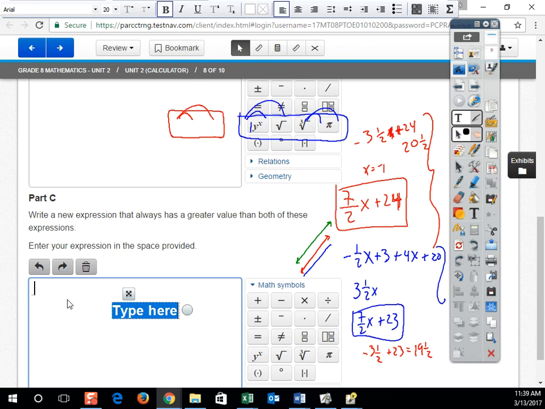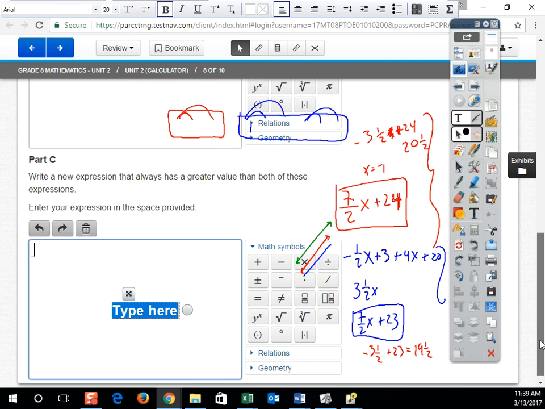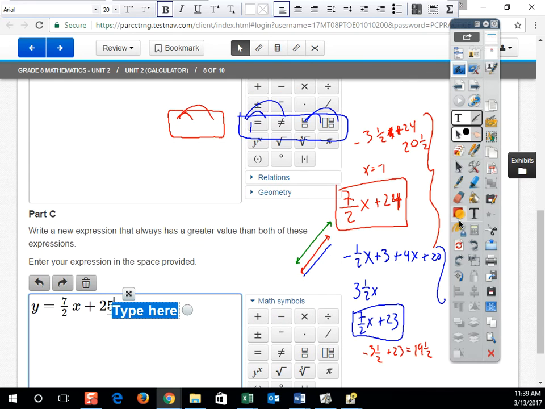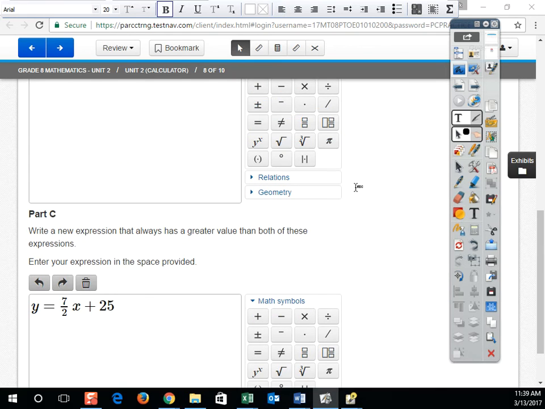I don't think it's going to let us do an equal sign. Let's see. I'd go with y equals, and then I want a fraction, 7, using the down arrow, halves, the side arrow, x, plus 25. And there we go. Notice how this ends up just being a linear equation. All right, I'm going to stop the video here and do the last two problems on a separate video.